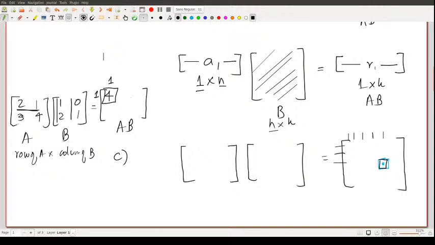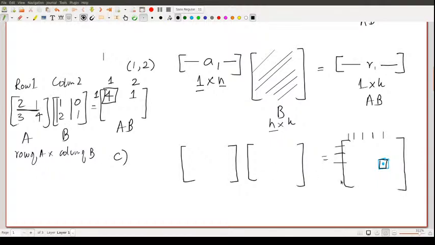So this gives me 2 times 0 plus 1 times 1, which is 1. Now this entry was in row 1 and column 2.